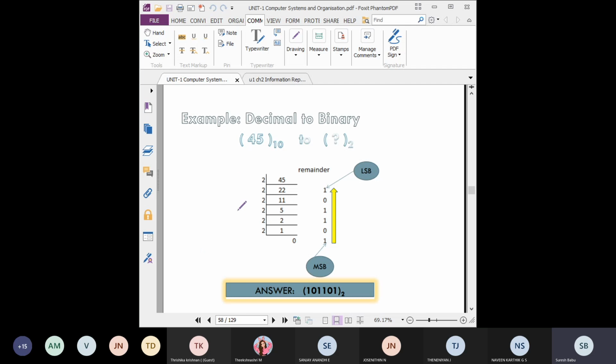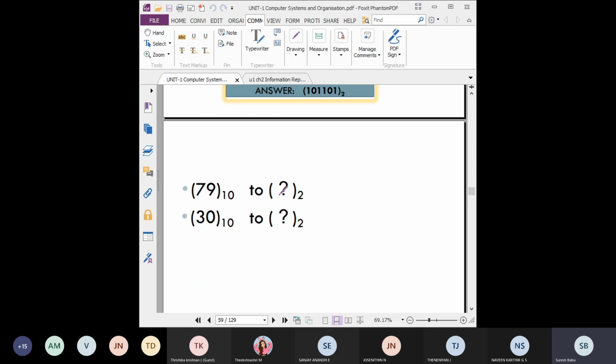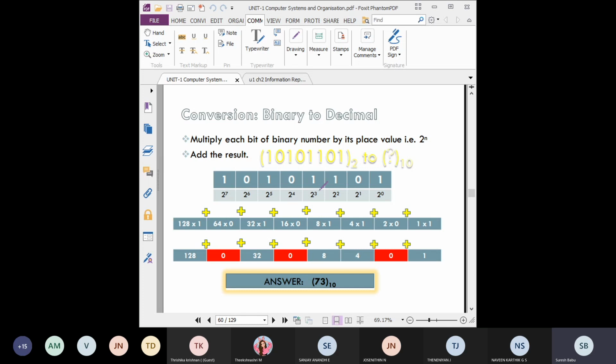In this material I have given everything: how to write the remainder values, remainder from bottom to top. Then I have given a homework also, so practice this homework. Then converting binary to decimal, what is the method?